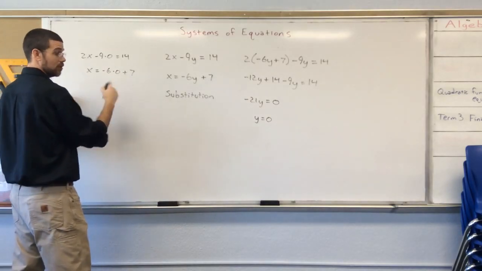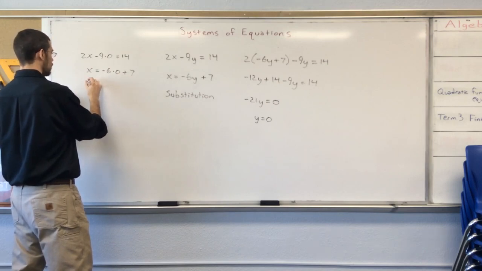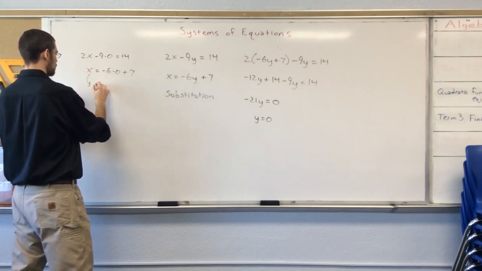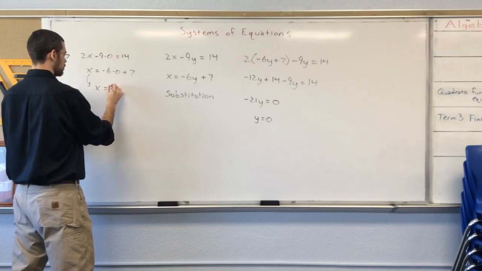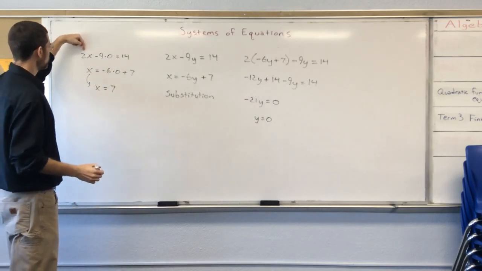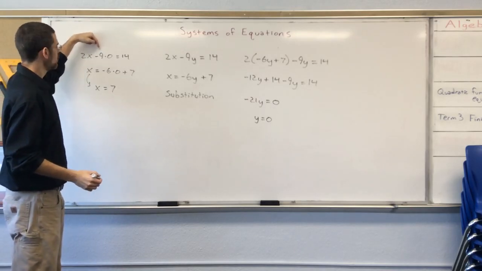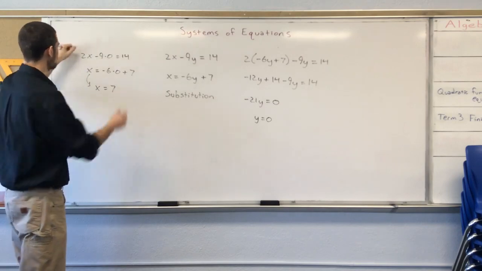Negative 6 times 0 is 0. 0 plus 7 is 7. So this equation becomes x equals 7. The top equation, 2x minus 9 times 0. 9 times 0 is 0. So 2x equals 14.